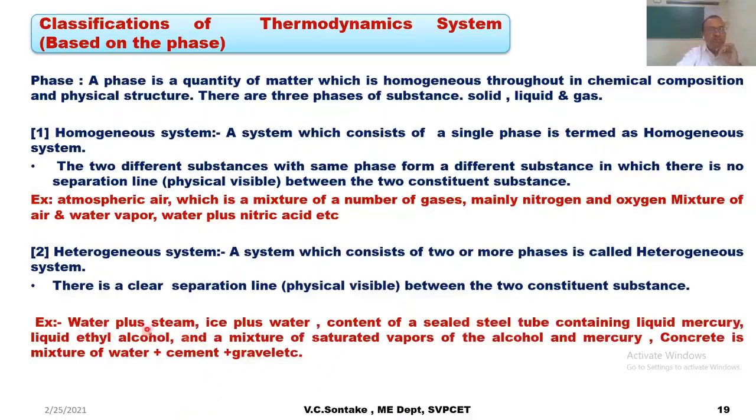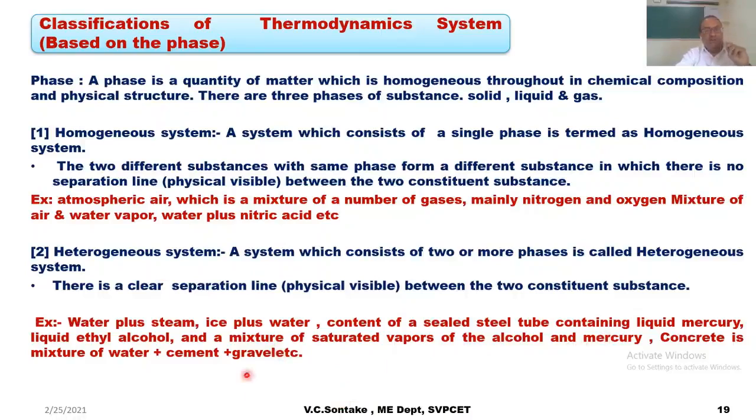Water is in liquid phase, steam is in gaseous phase. Both are separated. Ice plus water. Contents of a sealed steel tube containing liquid mercury or liquid ethyl alcohol and a mixture of saturated vapor of the alcohol and mercury.